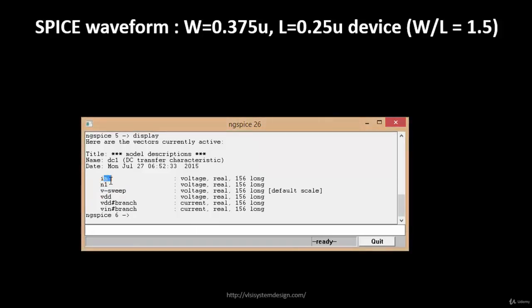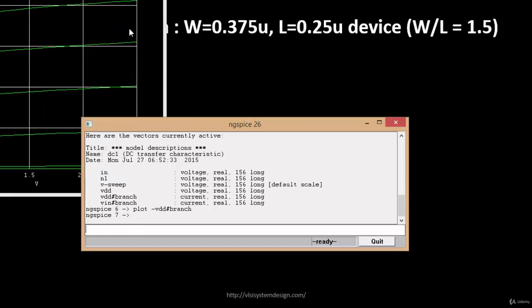If you try to plot these, you will get the voltage curves, but we are looking into the current curve, so we'll plot the VDD branch. So when we plot minus VDD#branch, and the reason for the negative I had explained in the last video, it's because of the difference between the conventional current flow and the flow of electrons. I'll come to that when we enter into device physics lectures. And when we plot it, this is the curve.